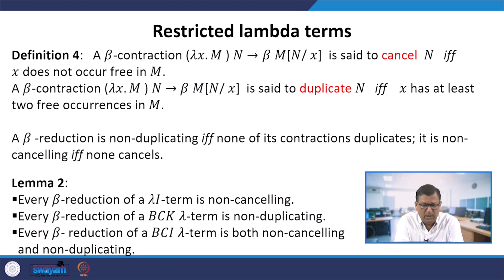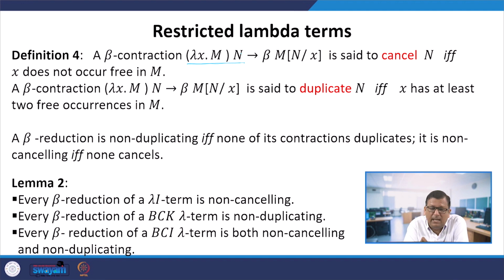Now we give a definition of the meaning of cancellation of a term in an application, or duplication. Consider a beta contraction where we have lambda x dot M applied to N. This abstraction is applied to N. When you do beta contraction, the definition says that in the body of M, all free occurrences of x will be replaced by N. Now this is said to cancel N if and only if x does not occur free in M. As we have seen in many examples, like lambda x dot true, if I make M true, then x does not occur here.